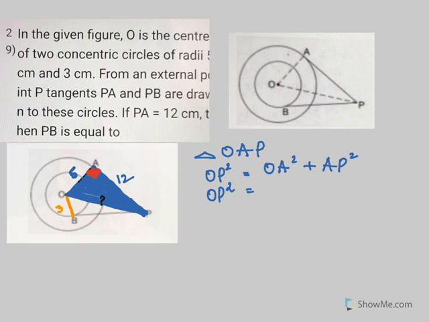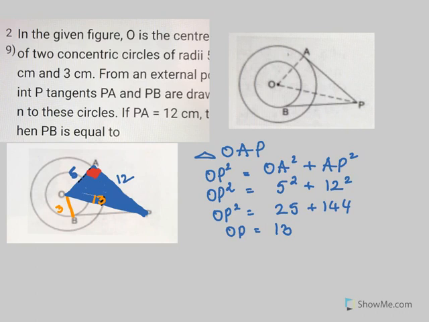So OA is 5 square, and this is 12 square. So OP square equals 25 plus 144. Your OP will work out to be 13. So let's mark that. We know this is 13.